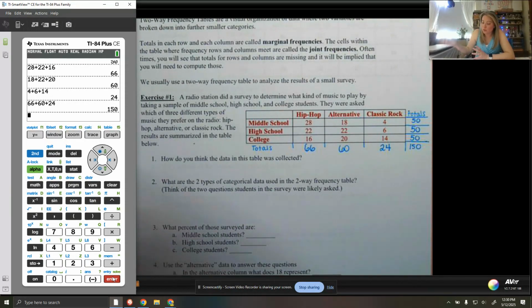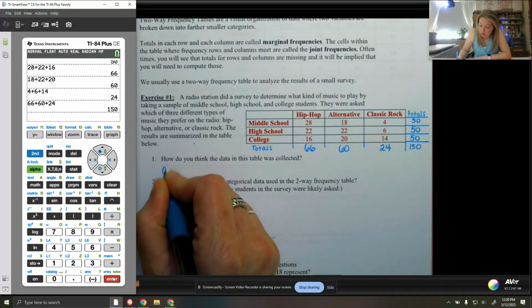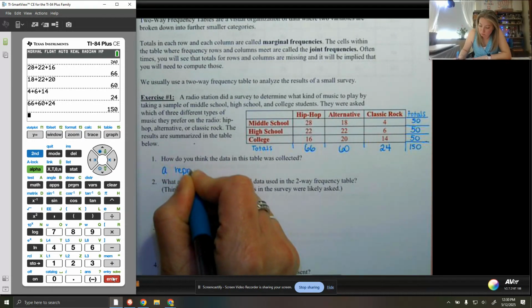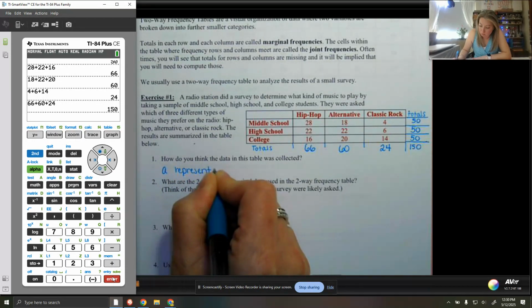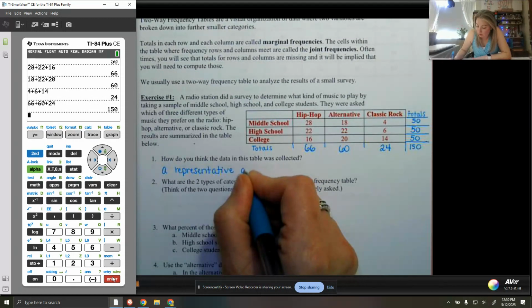So now, how do you think this data in the table was collected? Well, there are exactly 50 people in each of the schools. So my guess would be a representative went to each of these schools and gathered data in person, speaking to 50 people.